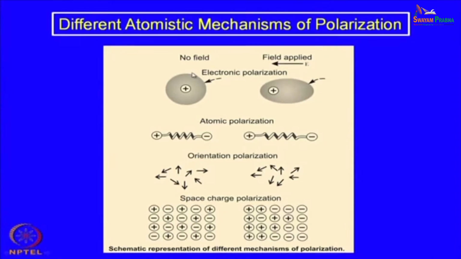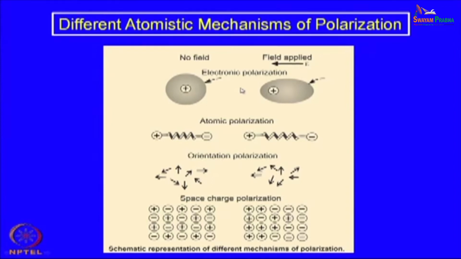The first one is called electronic polarization, the second one is called atomic polarization, the third one is called orientation polarization, and the fourth one is called space charge polarization. So, let us see what exactly we mean by these terminologies.